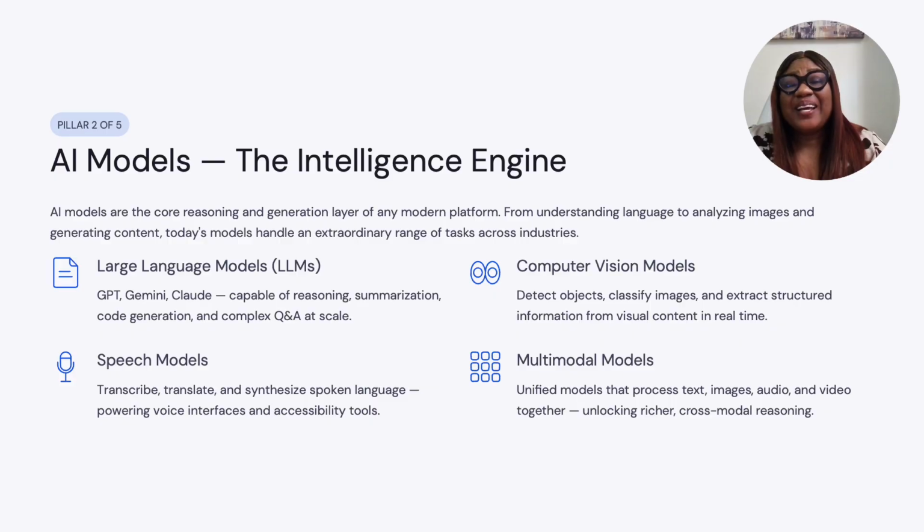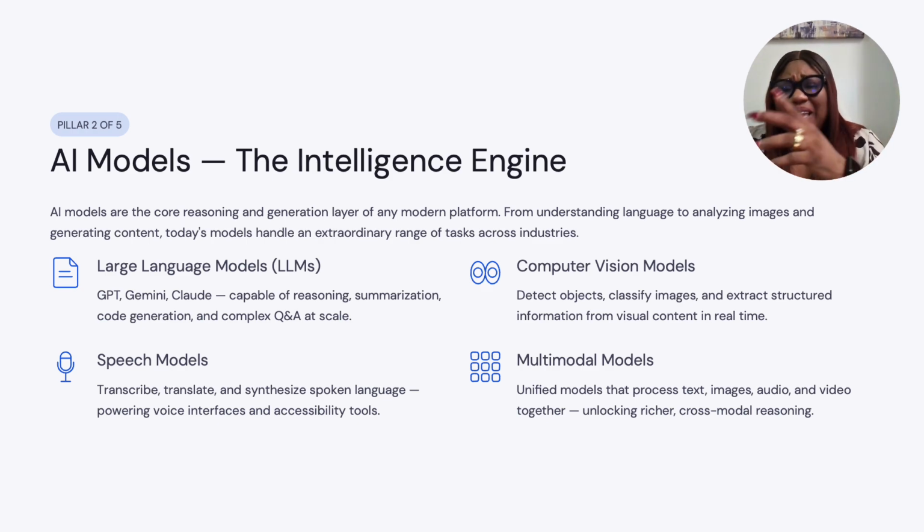The second pillar is AI models, and this is the layer where the actual intelligence lives. AI models are responsible for tasks such as understanding language, analyzing images, transcribing speech, and generating new content. Today we see different types of models.